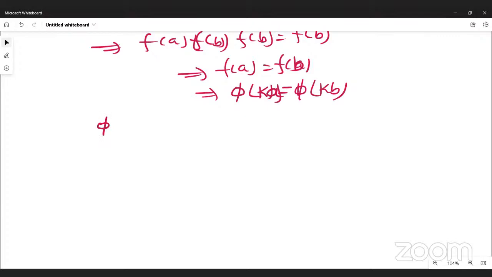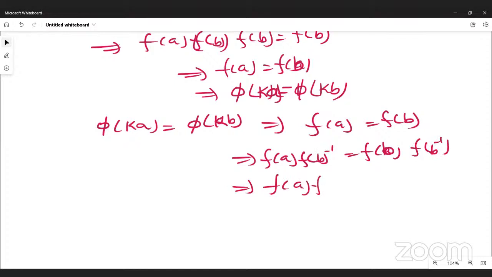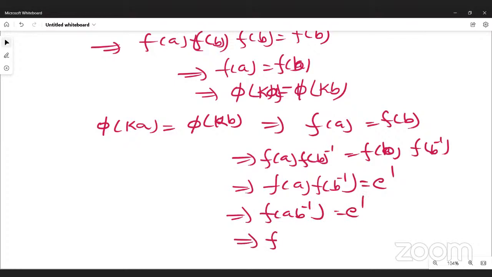Now you have phi of Ka equal to phi of Kb, which implies f of A equal to f of B, which implies f of A into f of B inverse is equal to f of B into f of B inverse, which implies f of A into f of B inverse is E dash, which implies f of AB inverse is E dash, which means AB inverse belongs to K, which implies Ka equal to Kb.